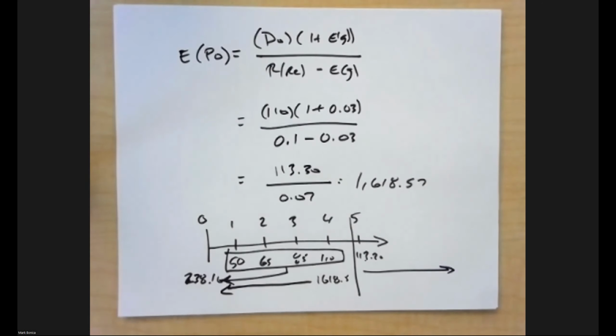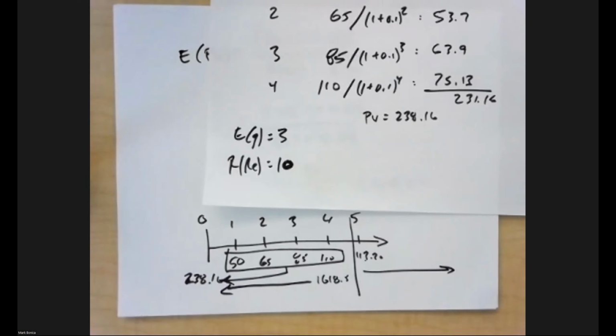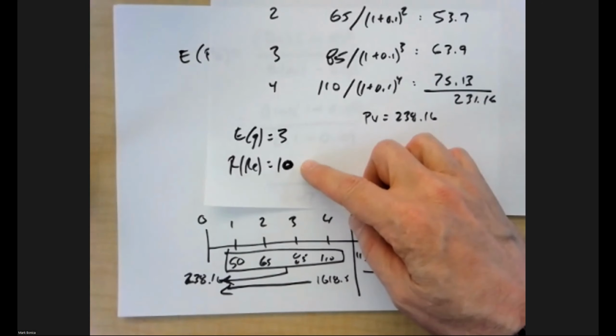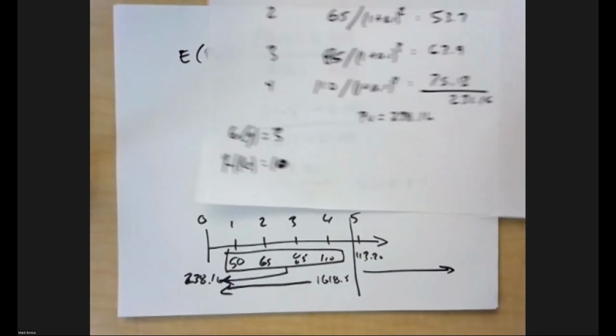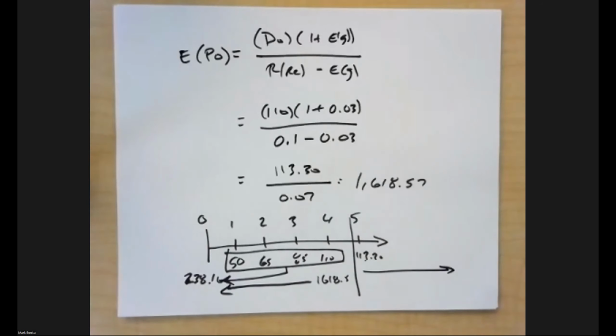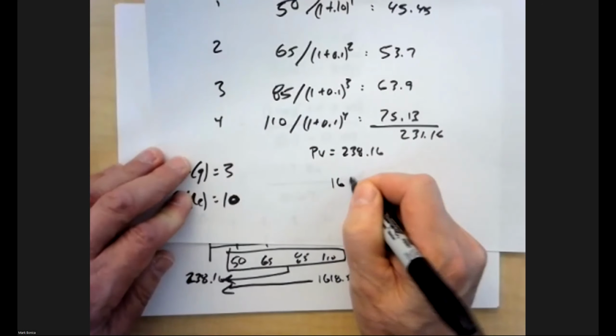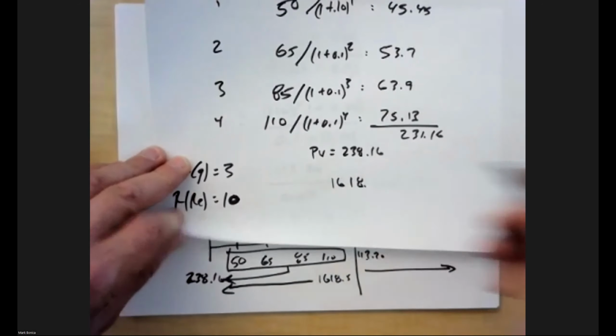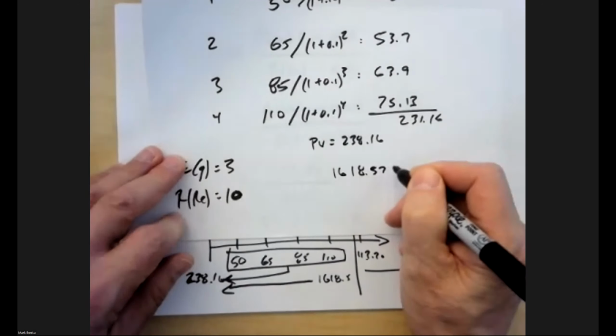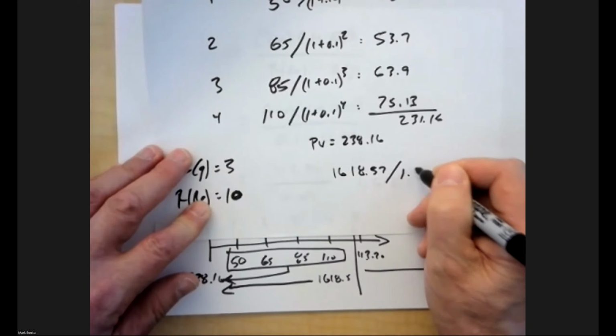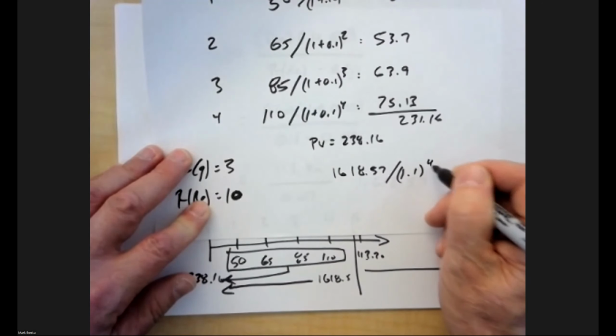How many years am I bringing it back? 4, at an interest rate of 10%. So I can do 1618.57 divided by 1.1 raised to the 4th power.